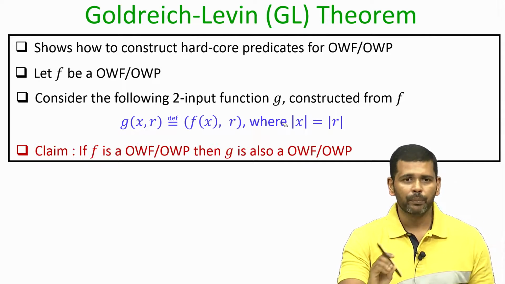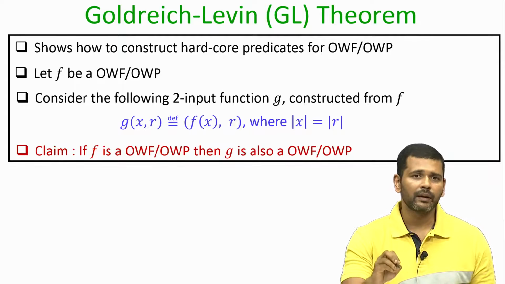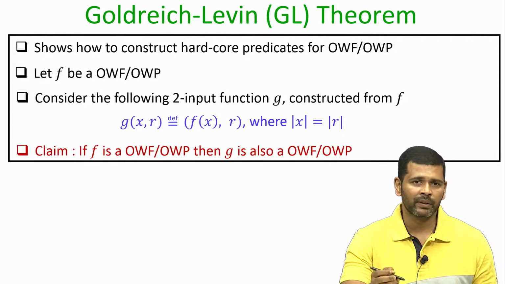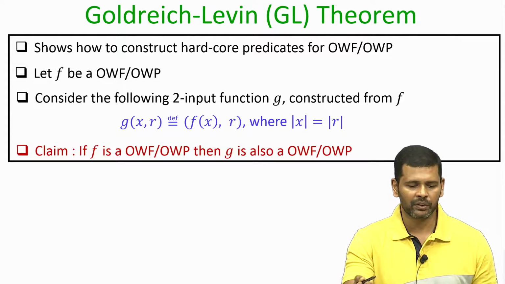Now, we can prove formally that if the function f with which we start is a one way function or a one way permutation, then the function g which we have constructed like this is also a one way function or a one way permutation respectively. The proof is by a reduction argument.